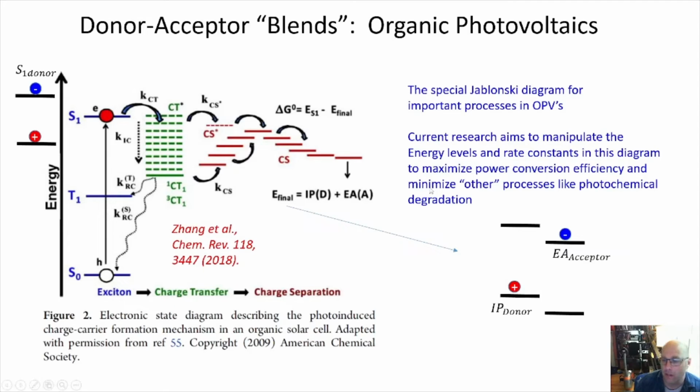Yeah, so I guess I meant to point out here that this final state is the true charge separated state where you have IP of the donor and EA of the acceptor, and they're not Coulombically interacting at all. So that's this IP plus EA energy at the end.